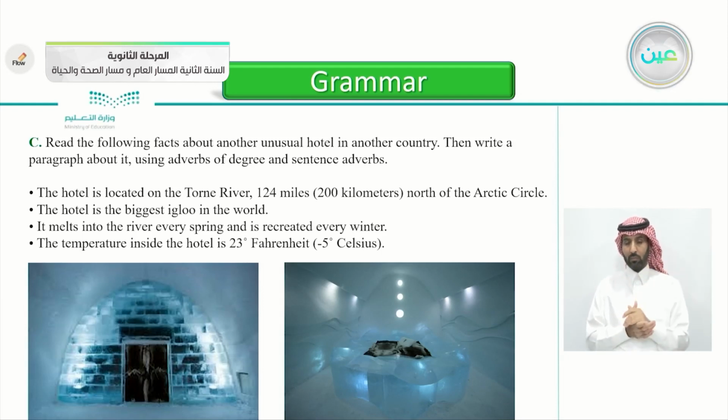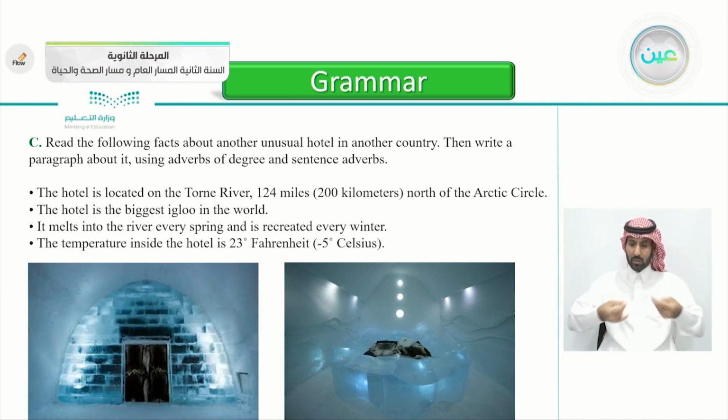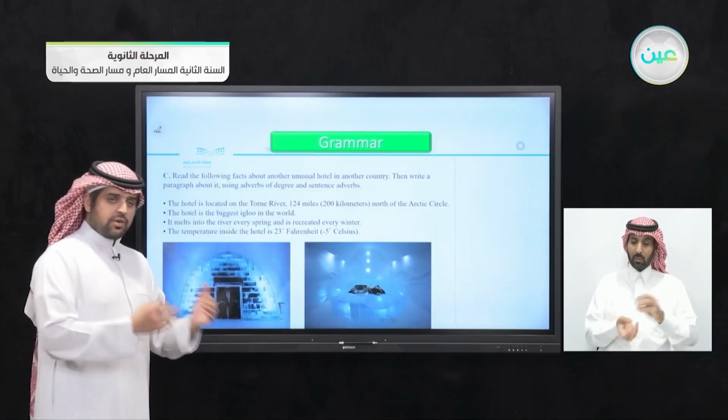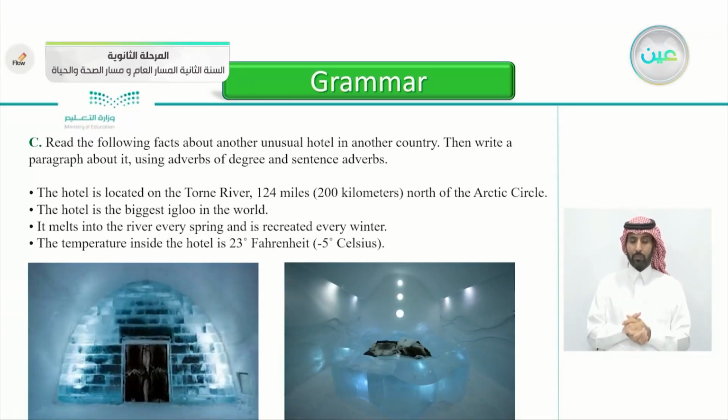The hotel is the biggest igloo in the world. It melts, melting when water turns from ice into liquid. It melts into the river every spring and is recreated every winter. The temperature inside the hotel is 23 Fahrenheit or -5 Celsius.